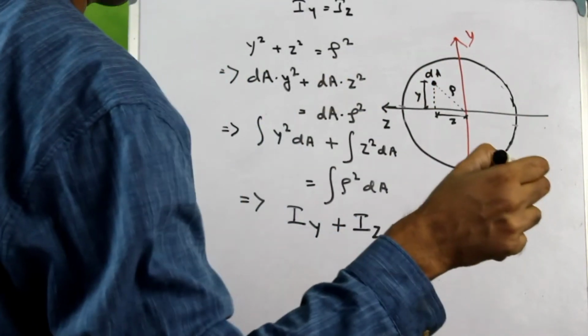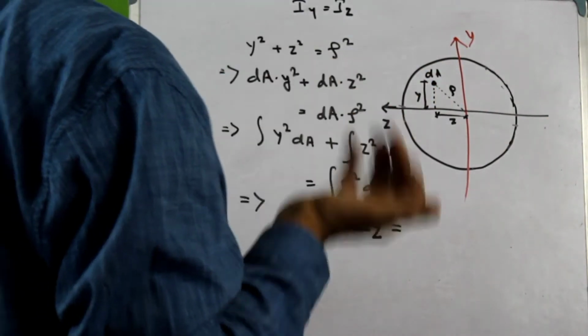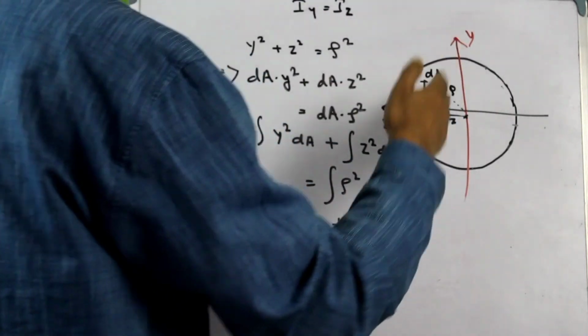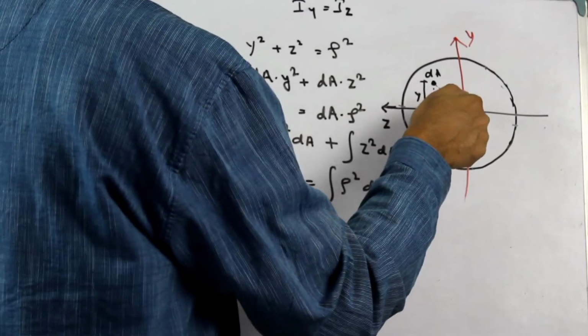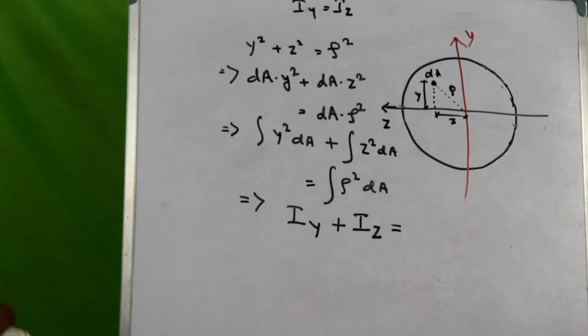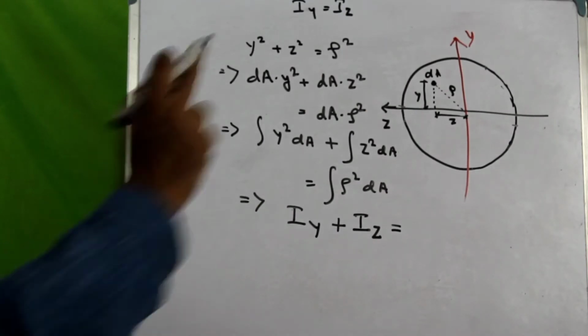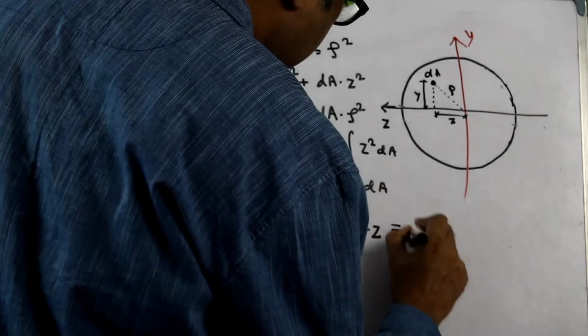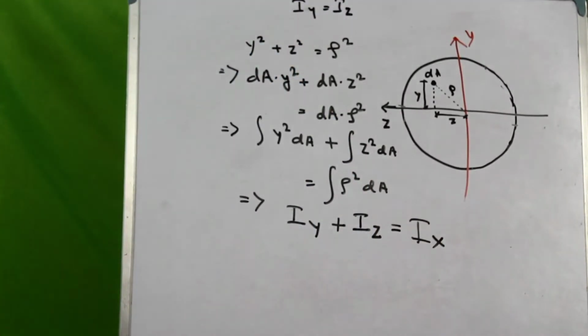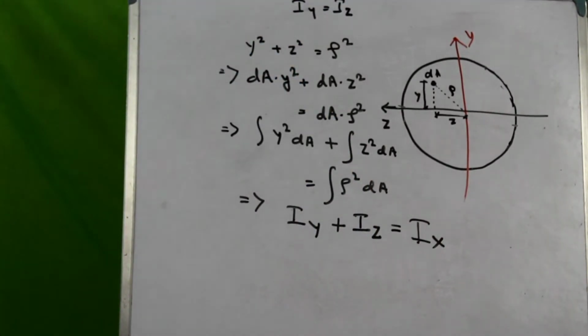If this is the x-axis, you remember we have talked about the right hand thumb rule. By the right hand thumb rule, if this is the y-axis and this is the z-axis, the x-axis has to be this. This is called the perpendicular axis theorem.